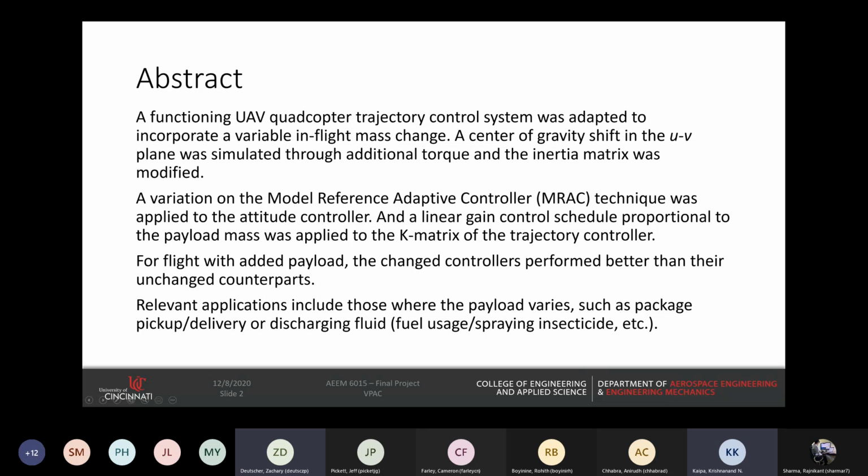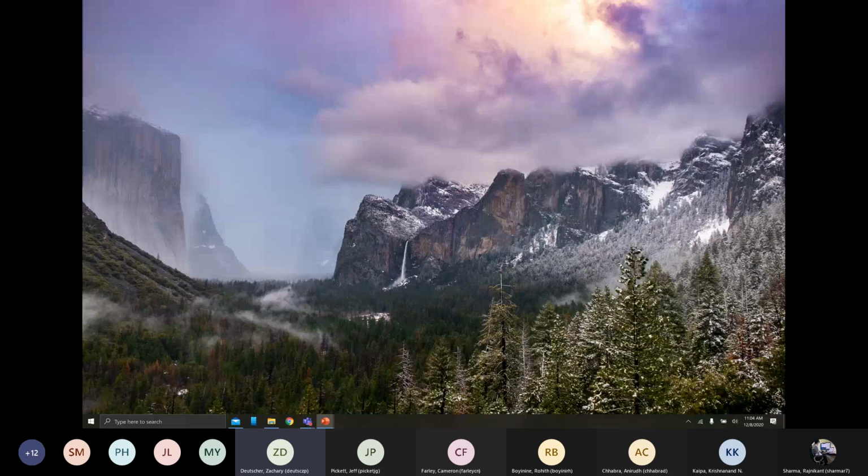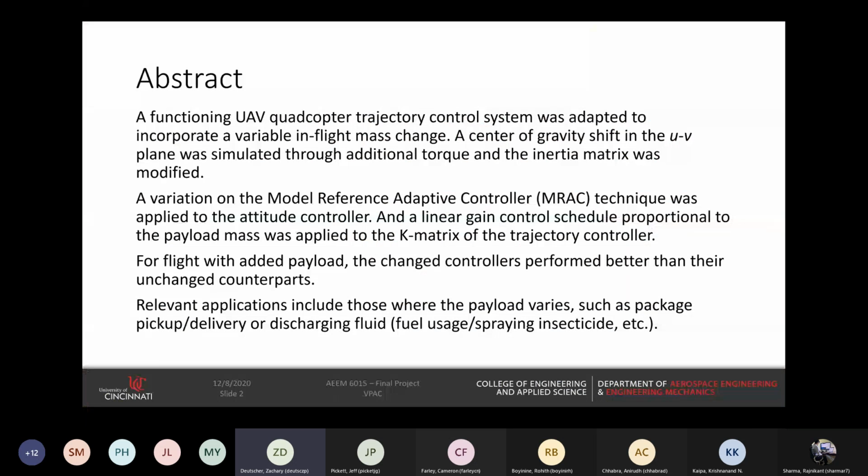So basically, what we did is we took the Quadrotor simulator that we developed in class, and we modified it to where the control system gains would change as payload varies for a drone. The overall applications for this would be any UAV where the payload varies throughout operation.